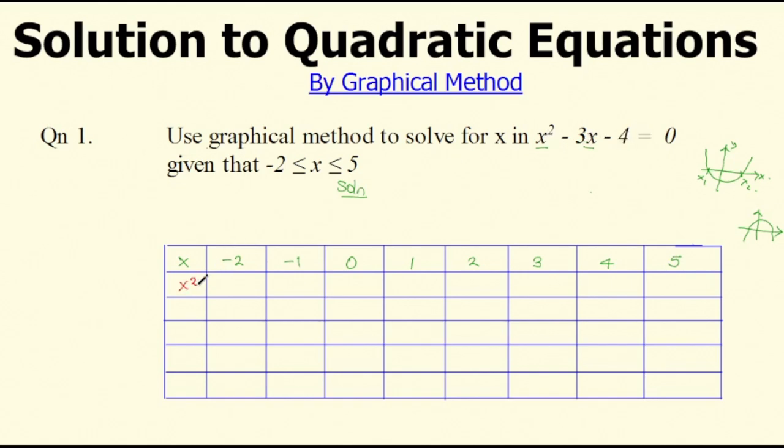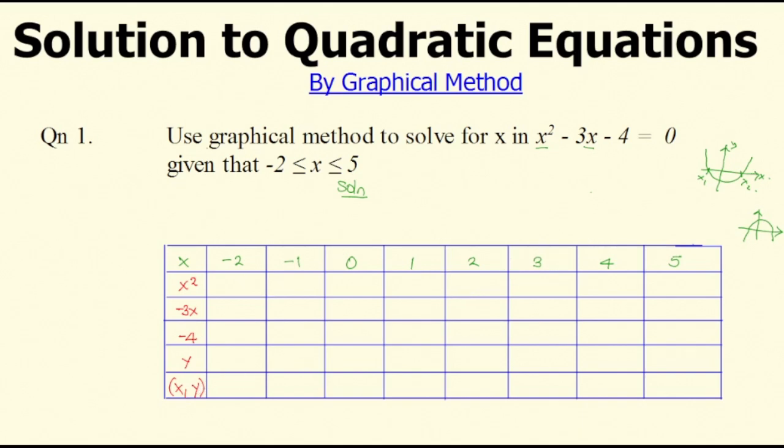So we have here x squared, then negative 3x followed by negative 4 as a constant, and finally we'll get y here. So the combination of x and y will give us coordinates that can be plotted in our graph.